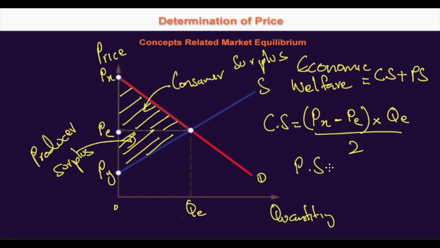Likewise, the producer surplus can be calculated as the equilibrium price minus the minimum price that the producers are willing to supply for, Py, multiplied by the equilibrium quantity divided by 2. So these are the ways to calculate consumer surplus and producer surplus, and to calculate economic welfare is to add consumer surplus and producer surplus. This wraps up the concepts related to market equilibrium.